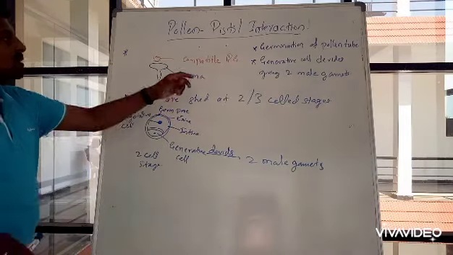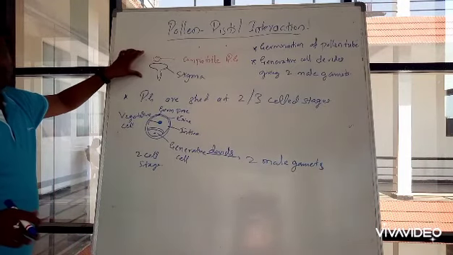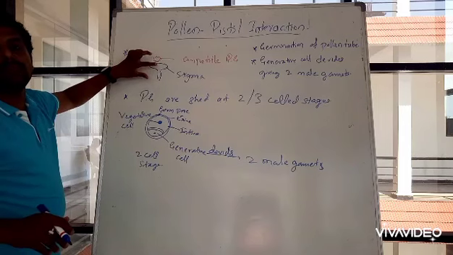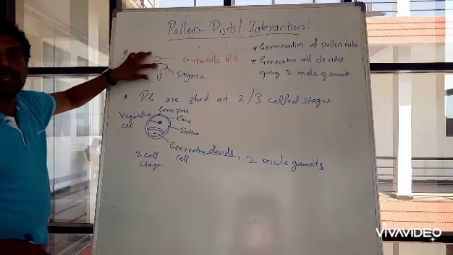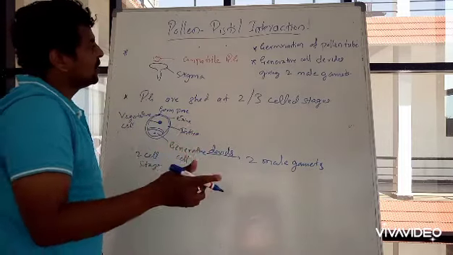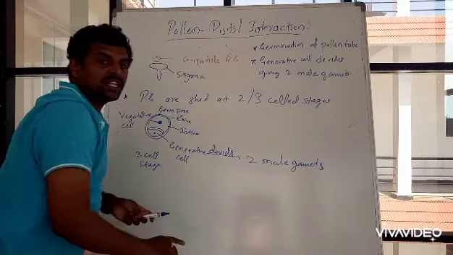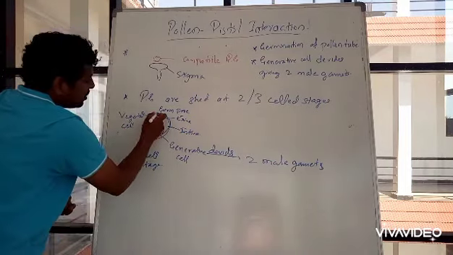Okay, so these two events take place whenever the compatible pollen grain falls on the stigma portion of the female reproductive part, right? So when pollen grain falls on the stigma, mainly two events will take place. First one, germination of the pollen grain. Germination of the pollen grain means this pollen grain which I have drawn here.